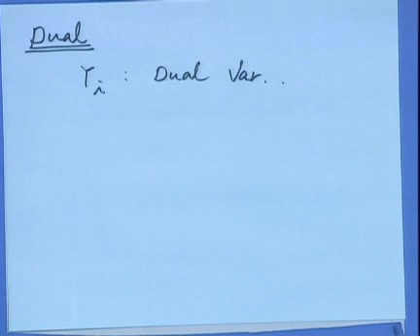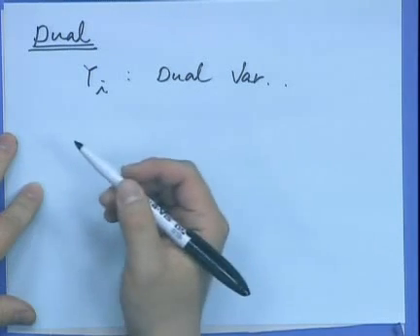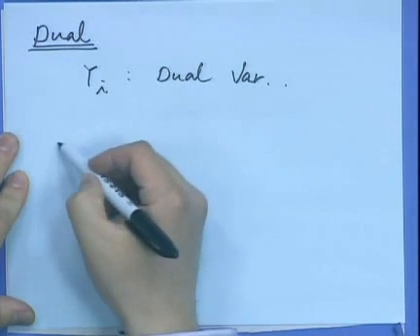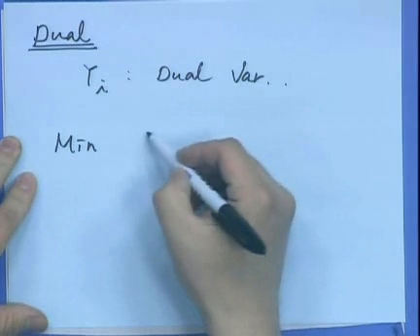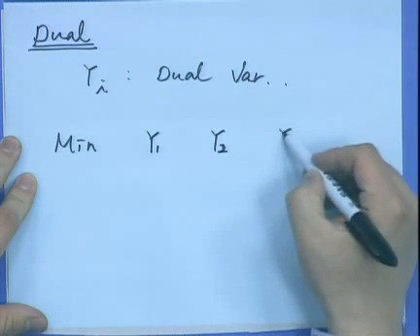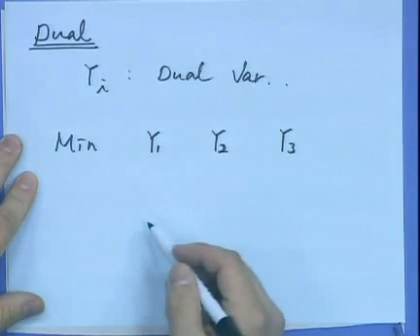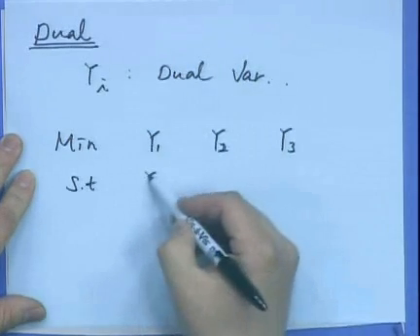Likewise, because the primal problem has only two variables, the dual problem must have two constraints. And the primal problem is a maximization problem, so the dual problem must be a minimization problem. We have three decision variables, y1, y2, y3, and two constraints in the dual problem.